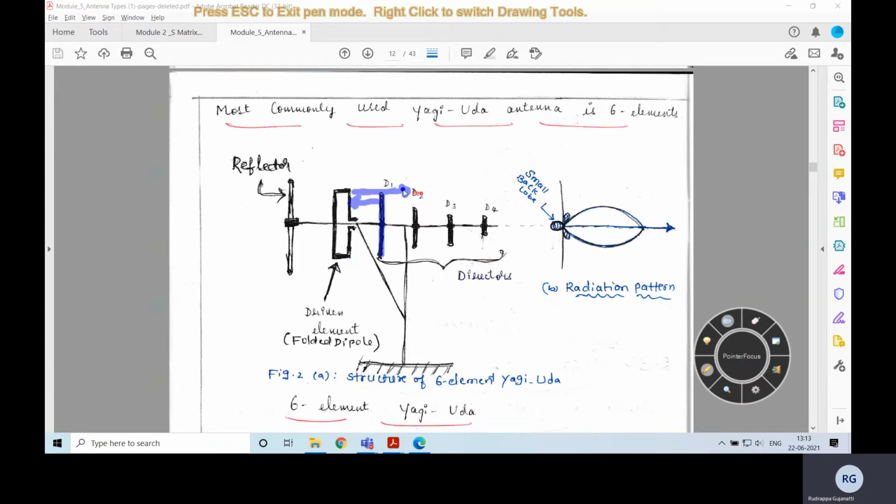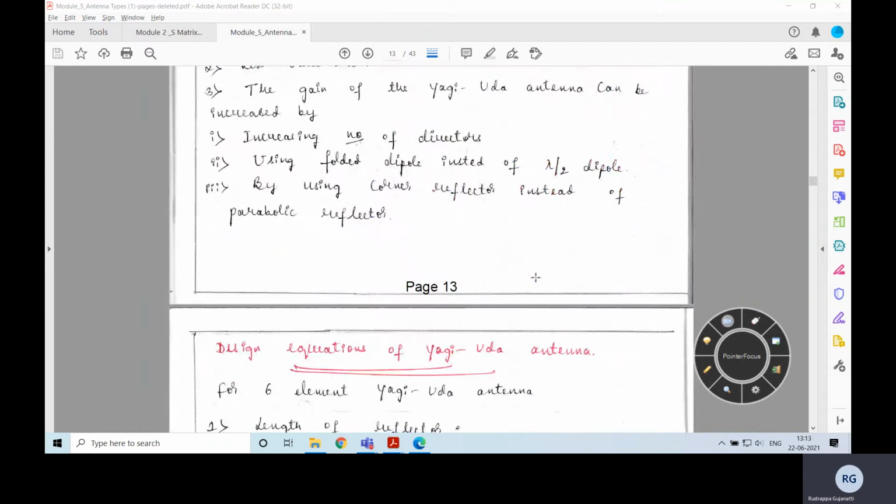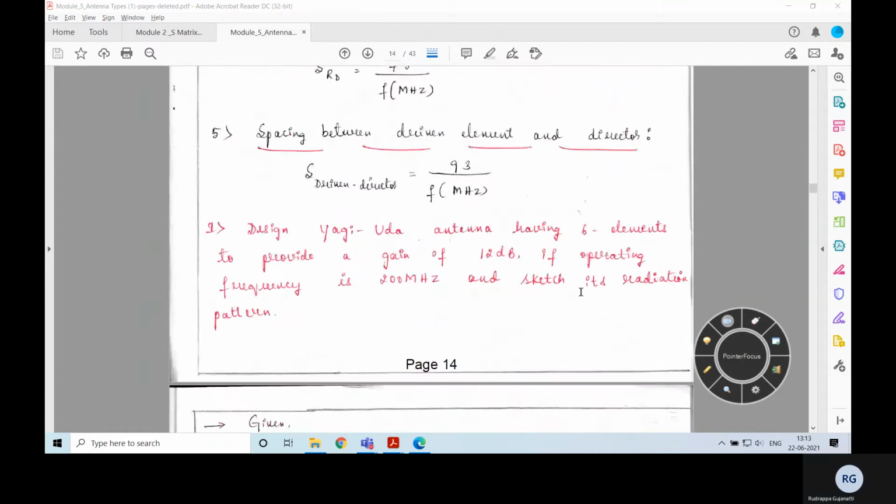As we keep increasing the distance, the length of the directors keeps reducing, as you can observe from the diagram.